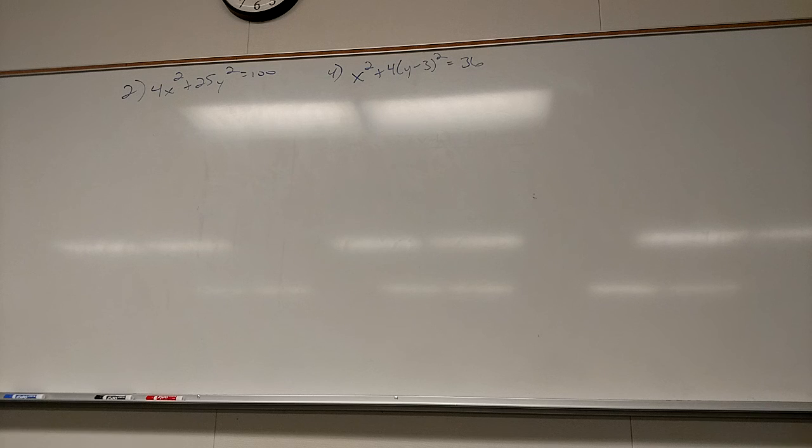Oh, I see. All right. X squared is a term. It goes over 36. 4y minus 3 squared, that whole thing is a term. It goes over 36, and you can reduce this. And of course, those numbers tell you how far to go out in those directions from the center.